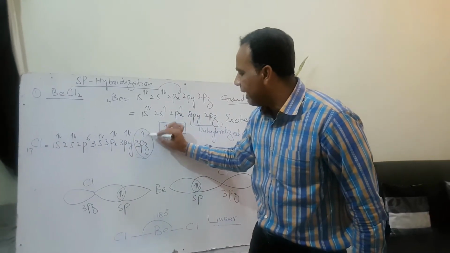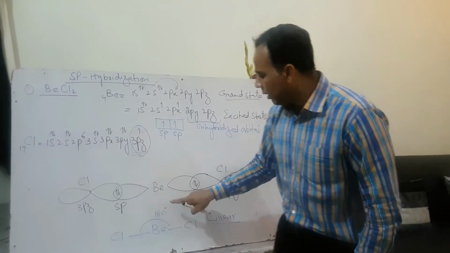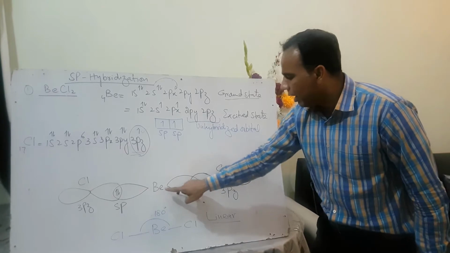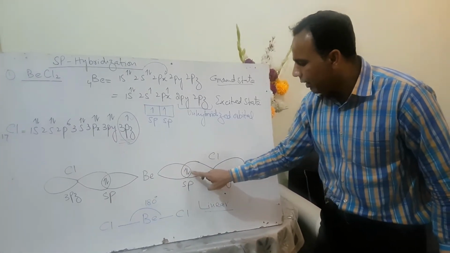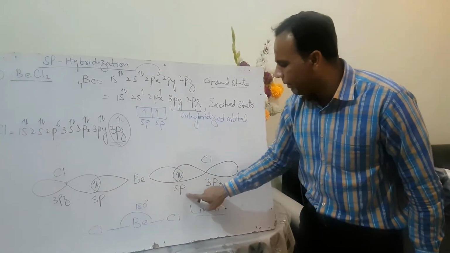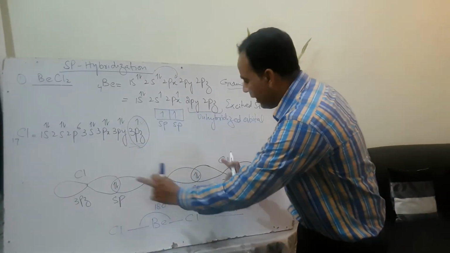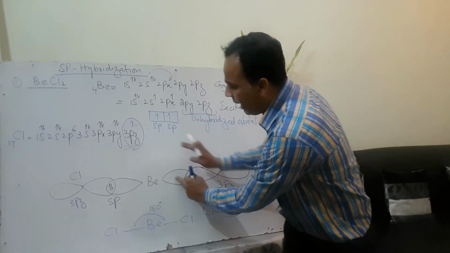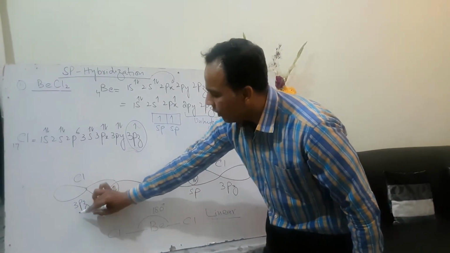Its 3pz orbital has one electron in its outermost shell. Now draw the electronic configuration of beryllium. Beryllium is the central atom, with sp and sp hybridized orbitals, and now on both sides one chlorine atom will attach, one on this side and one on this side.